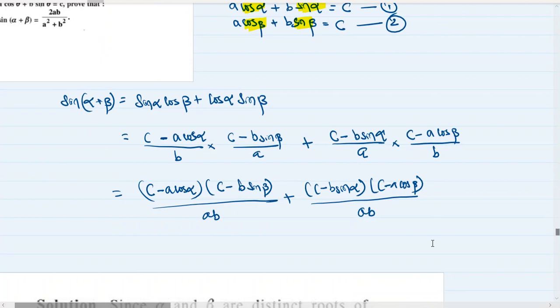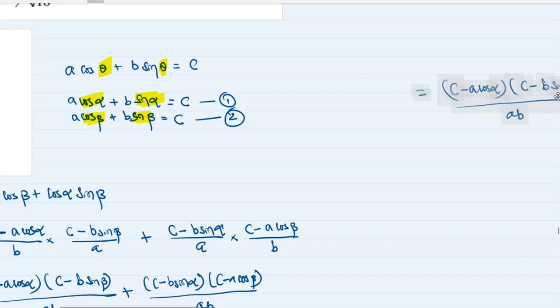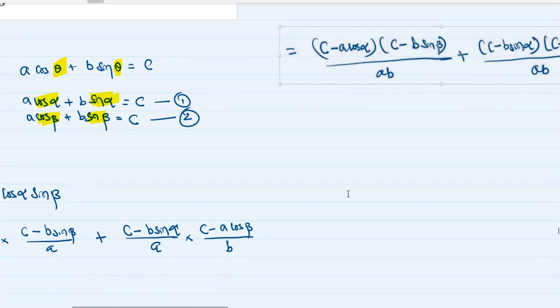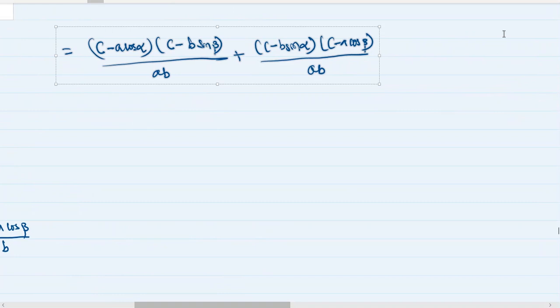Let me shift this part to the other side so I can solve it easily. So what I'm going to do is multiply the brackets and simplify.